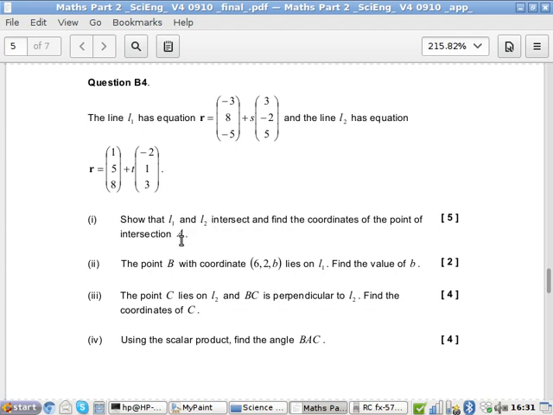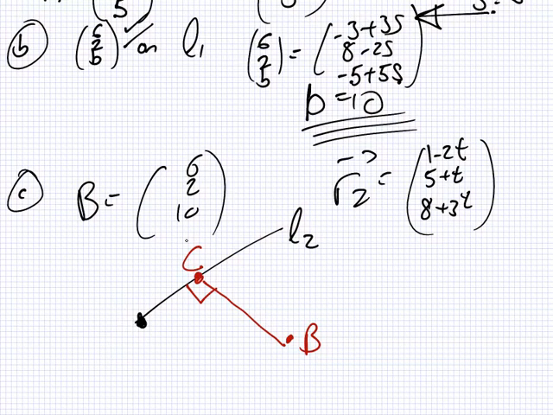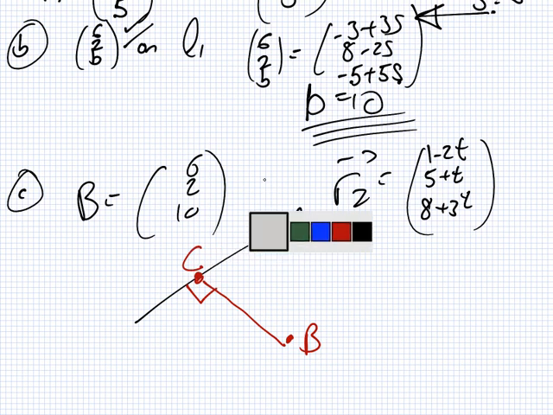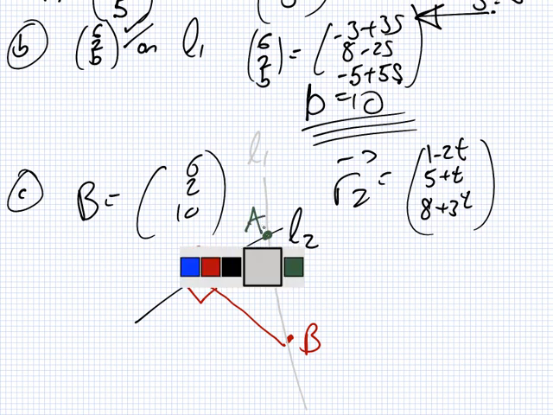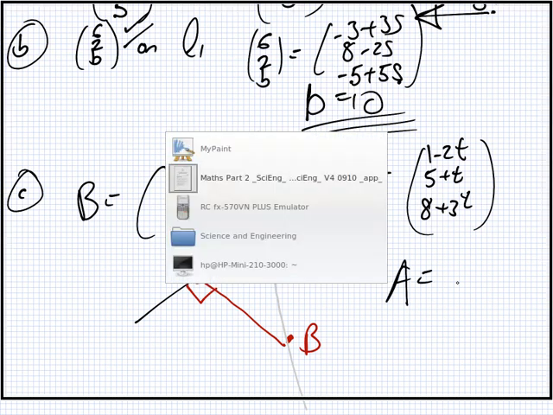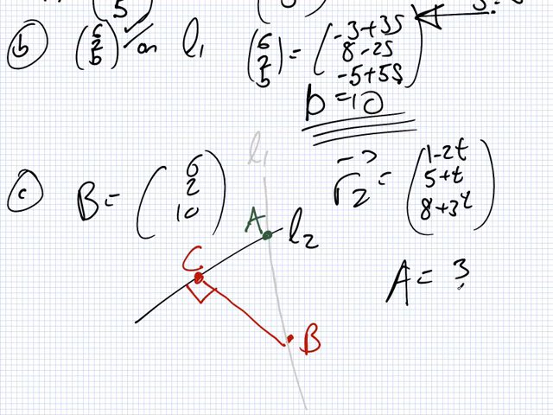They never said. Oh, sorry. You said it. I got it. Here is L1. And you're right. They call A the intersection point. And we know A. A is 3, 4, 5, isn't it? Okay. What's your idea, Lee?